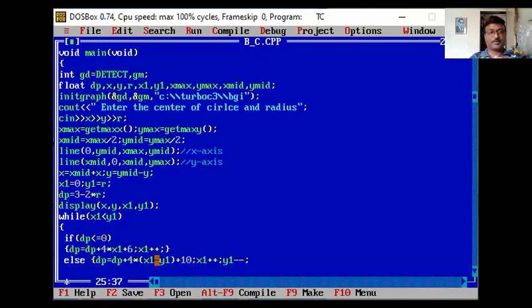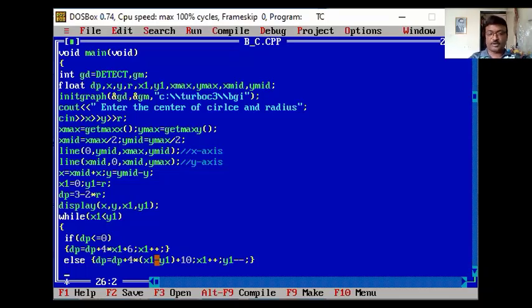Everybody understood? This is my algorithm. For decision parameter less than 0, that time you have to calculate the next decision parameter with 4x1 plus 6, increment x1. If not, then again calculate decision parameter, that is 4 times x1 minus y1 in the bracket plus 10, increment x1 and decrement y1.